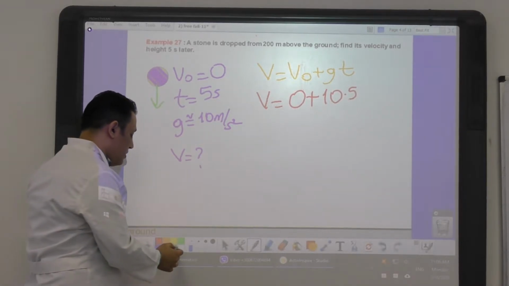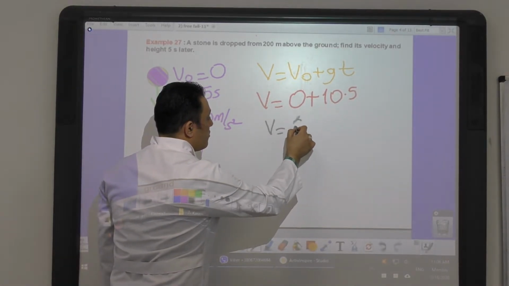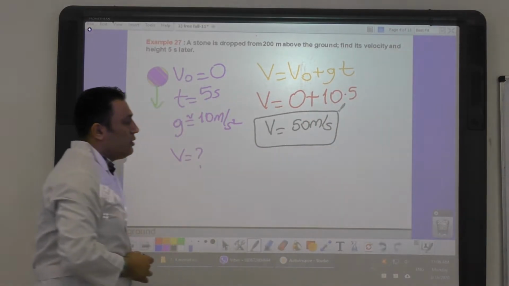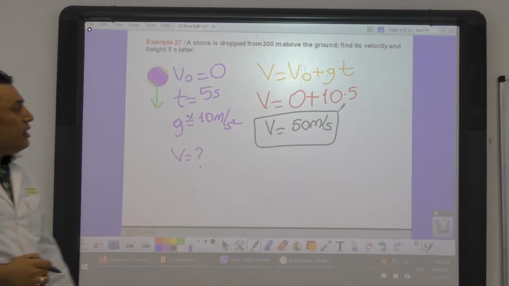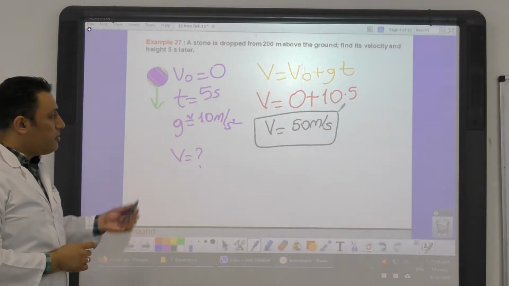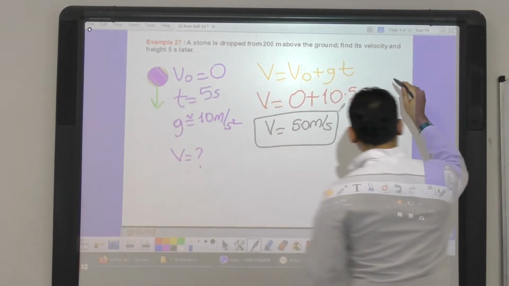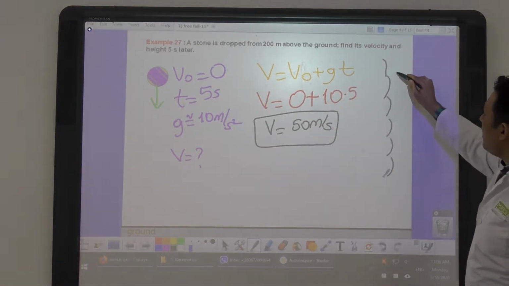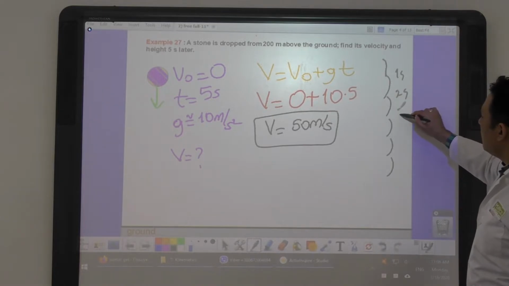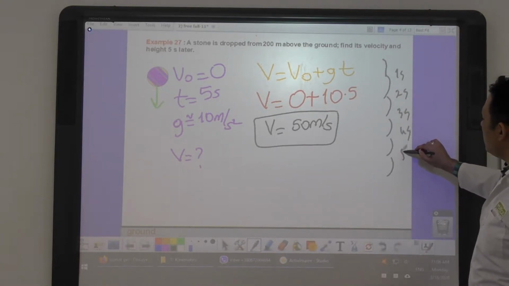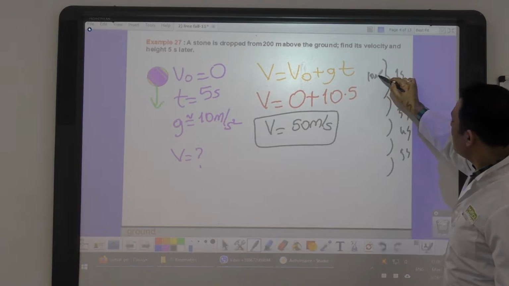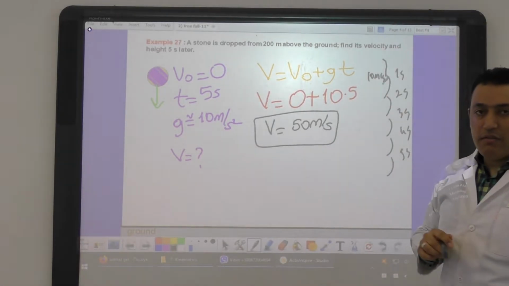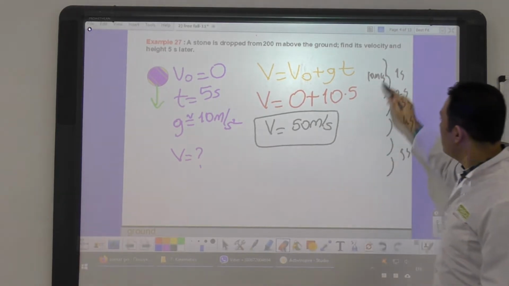In this case, the final velocity of the object would be equal to 50 meters per second. Remember the previous example: in each second of the motion, the object in the air increases its velocity by 10 meters per second, which means that after 5 seconds, the object will have a velocity of 50 meters per second.